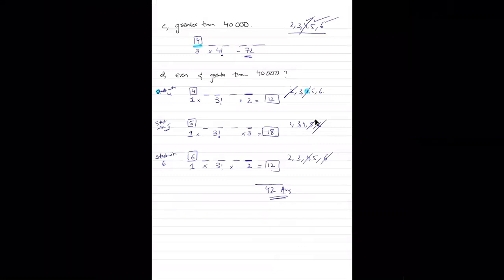Do you understand this question now? Sir, is there no other way to do it more simply? We have to calculate it step by step. Yeah, when there are two restrictions given in the same part, the two restrictions were that the number should be even as well as greater than 40,000, then you are going to break these down into steps.